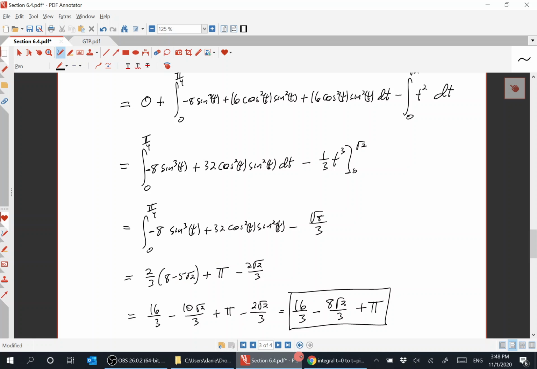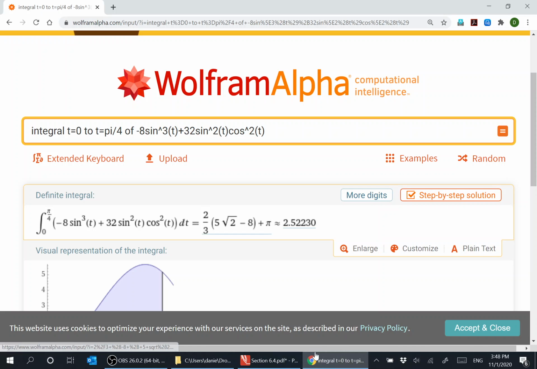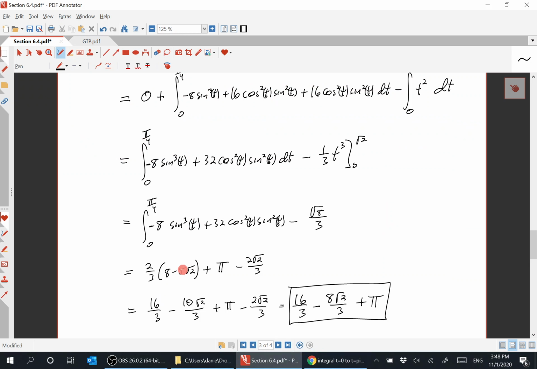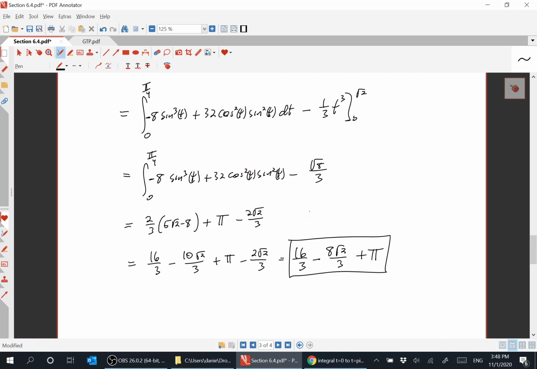And so what you get is 2/3 5 root 2 minus 8. So this becomes negated. 5 root 2 minus 8 minus 2 root 2 over 3. So this is minus 16/3 plus that minus 2.